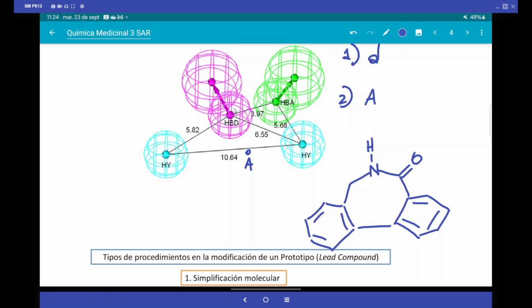This system has the hydrogen bond donor. But I think this distance does not respect it very well. It's very close to this, okay? Here it says 4 angstrom, maybe, because here, between these two there is only one link, so maybe 2 to 3 angstroms of maximum distance from nucleus to nucleus. But it approaches the idea.